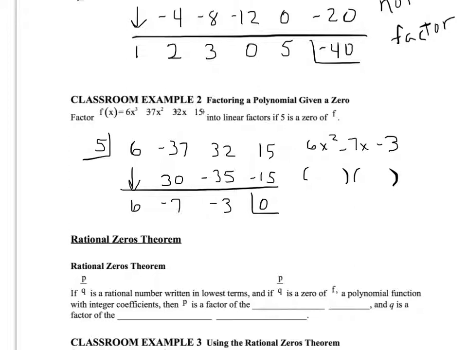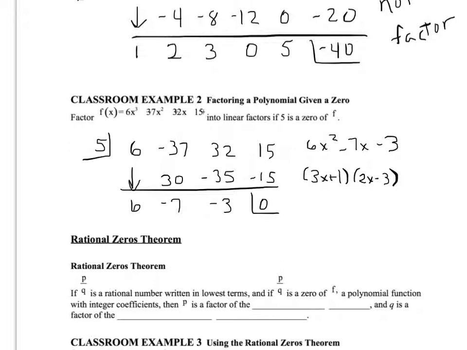I'm going to speed things along because I'm going to assume you know how to factor, and you should end up with 3x plus 1 in one of your parentheses, 2x minus 3 in the other parentheses. Now, if I used FOIL or the box, I could multiply these back together and double check to see that it really will give me 6x squared minus 7x minus 3. It does. But be careful, you haven't fully answered this question yet.